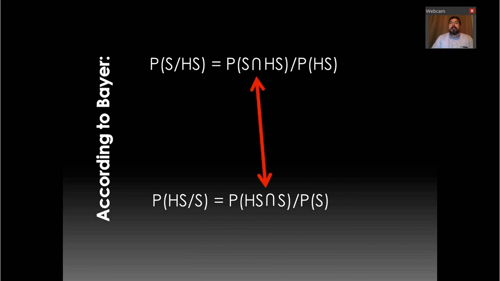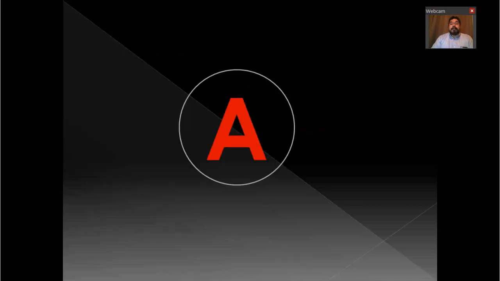If we analyze the first part of each equation, we can find that they are kind of the same. They are the probabilities of intersections. In the first equation it is the probability of the intersection between success and high sales, and in the second equation it's the probability of the intersection of high sales with success.